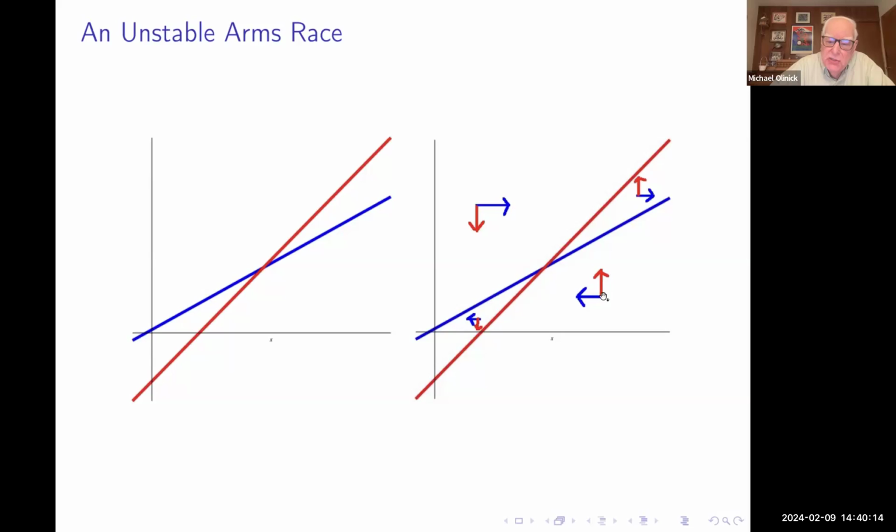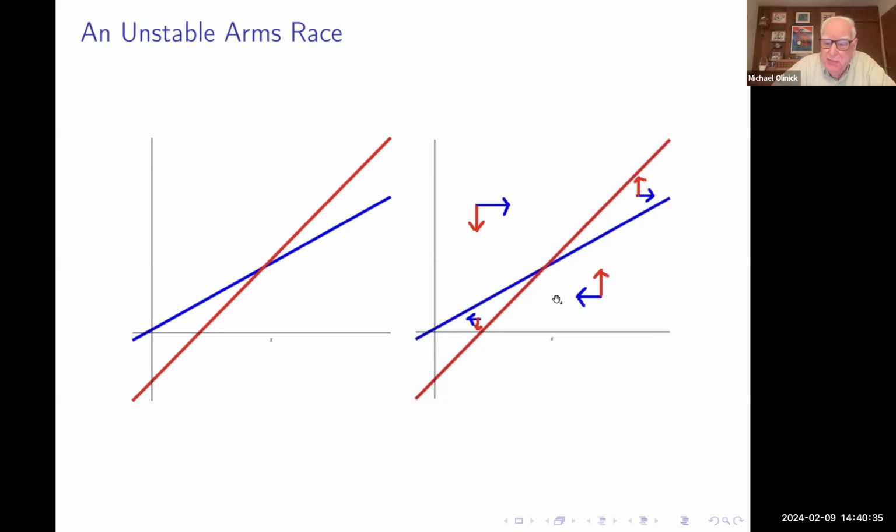If we begin in a region over here, for example, then there are a couple of different possibilities as we move towards the northwest. We could cross the blue line first, in which case we wind up in this zone. So we would see a motion that looks like this.